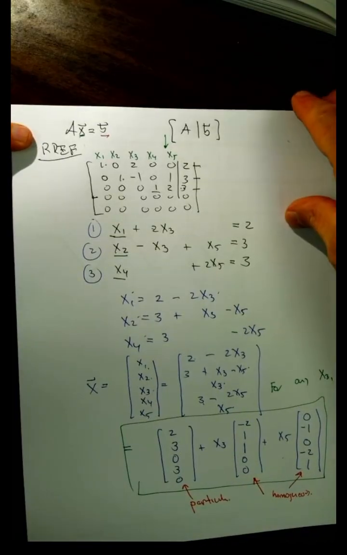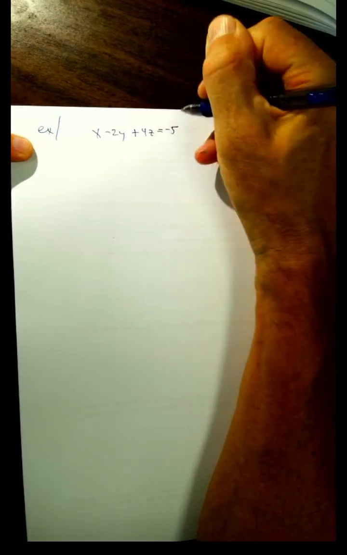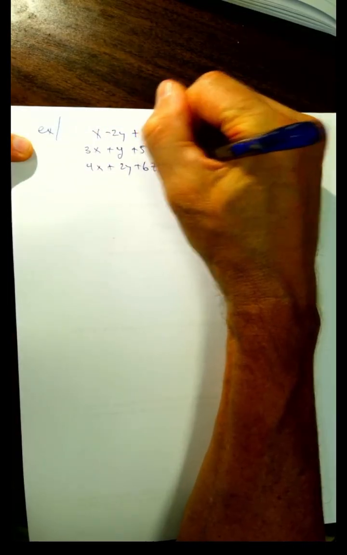All right, let's look at another example. Suppose I have x minus 2y plus 4z is minus 5. 3x plus y plus 5z is 13. 4x plus 2y plus 6z is 20.